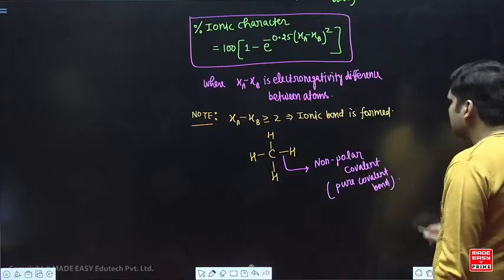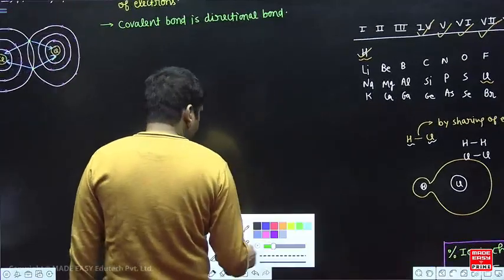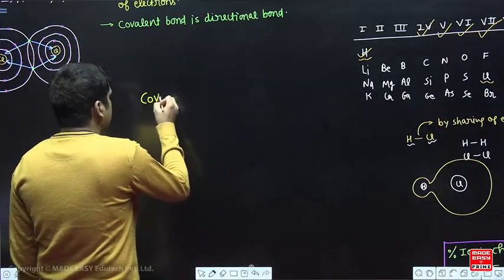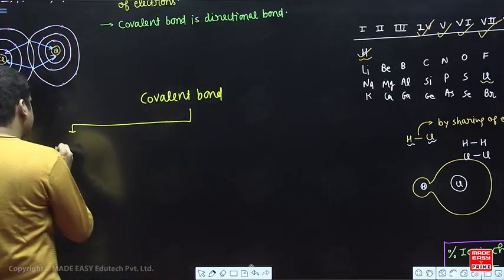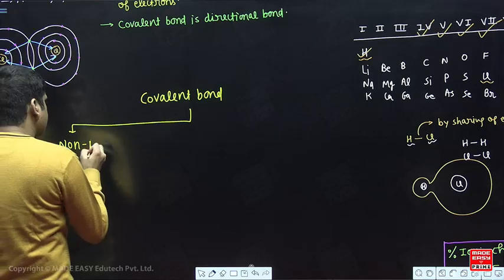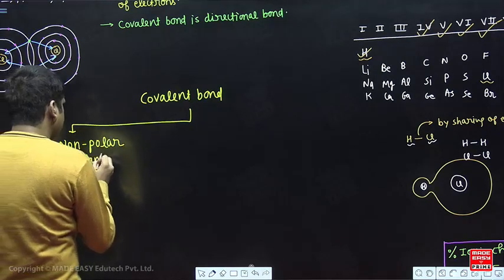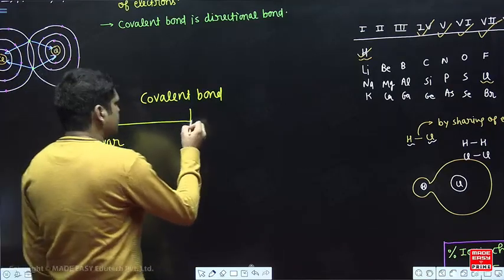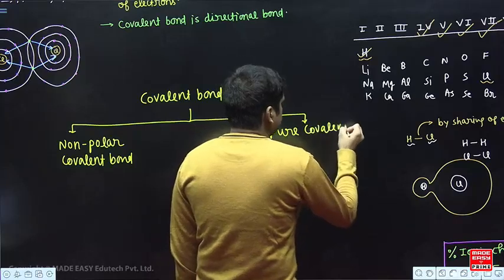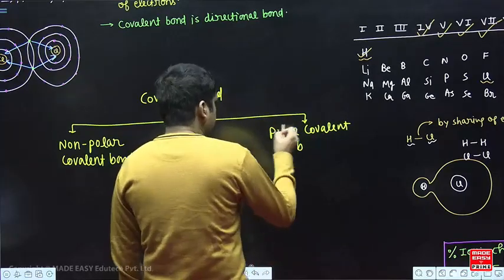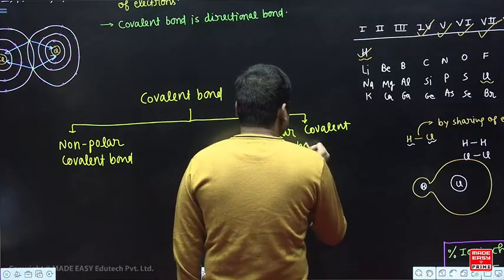So this way we can classify the covalent bonds in 2 broad categories. What are those categories? First is non-polar covalent bond, basically the pure covalent bond, and the second is polar covalent bond, not pure.